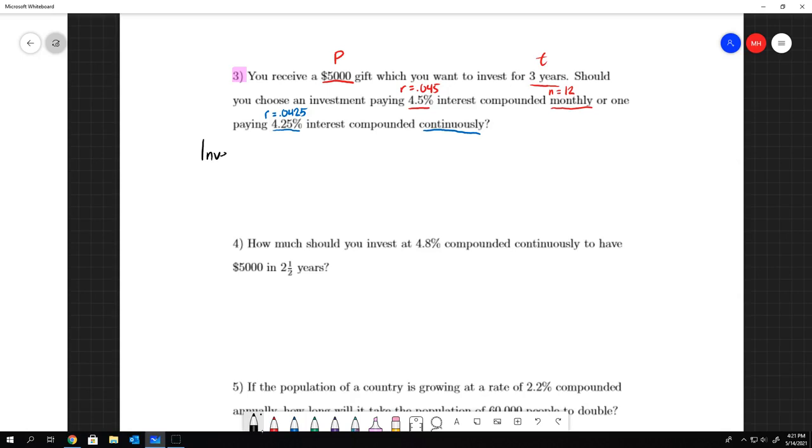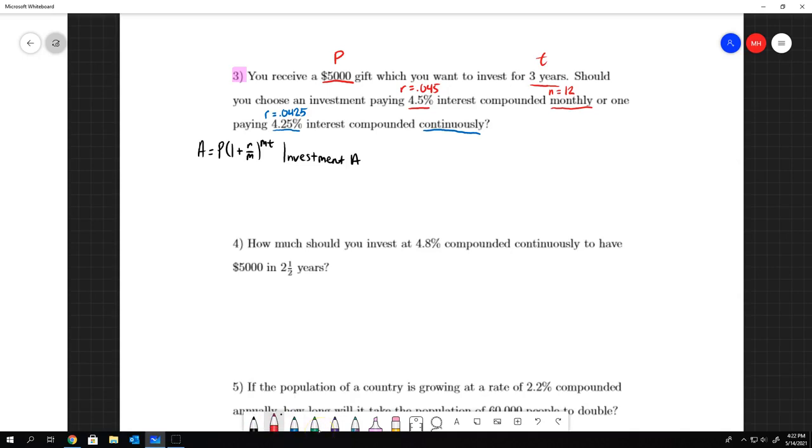So investment A was compounded monthly. So for this one, we're going to be using our regular compound interest formula for investment A. So I have all my information labeled.